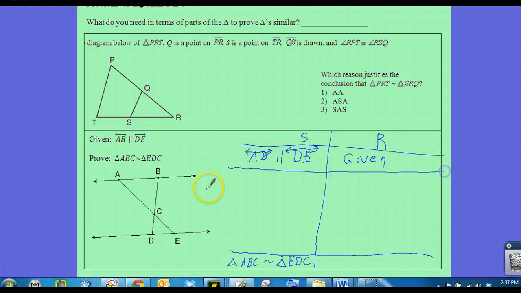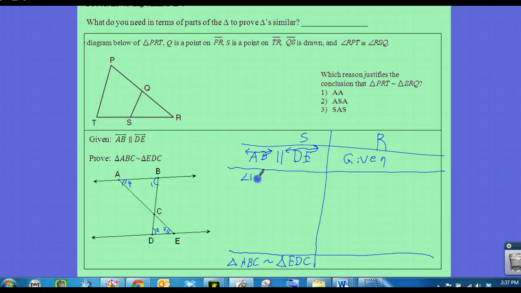Okay, so if those two sides are parallel, then I know that this angle, we'll call it 1, and this angle, we'll call it 2, are congruent. Hey guys, look at this. Angle 3 and angle 4 are congruent.